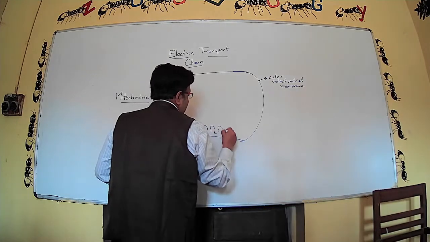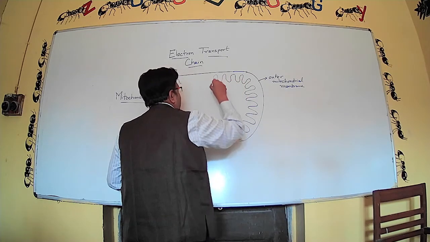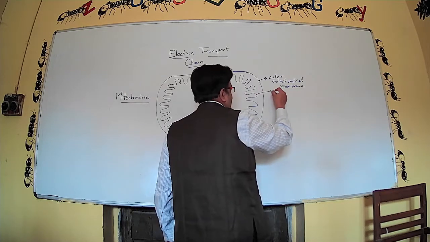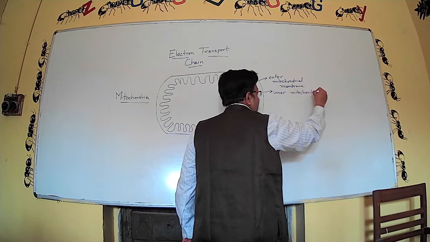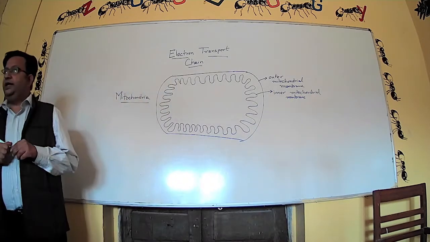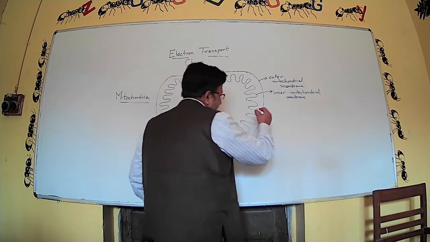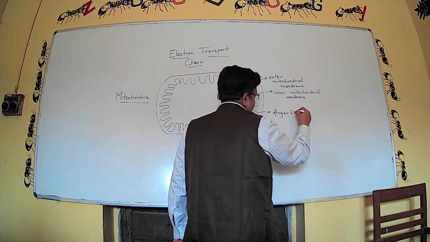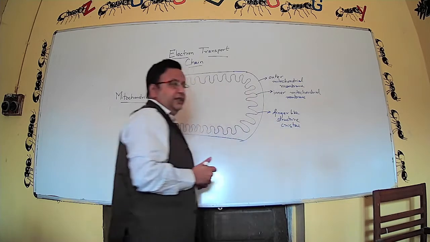The inner mitochondrial membrane is folded into finger-like structures known as cristae.